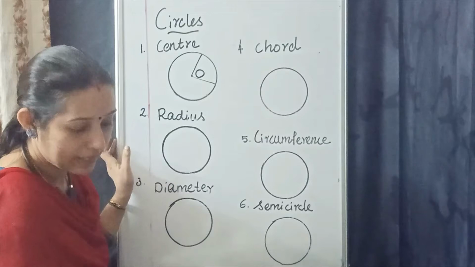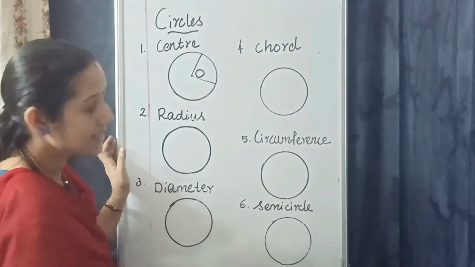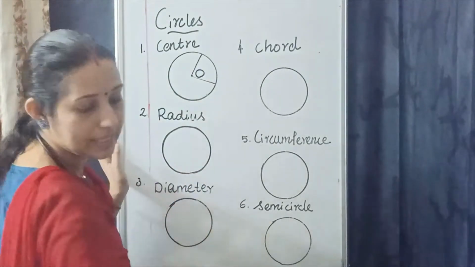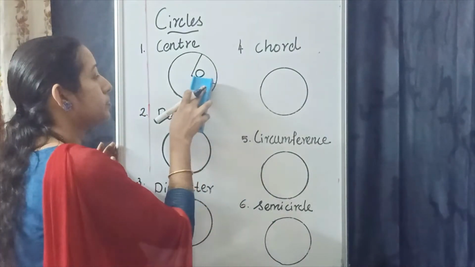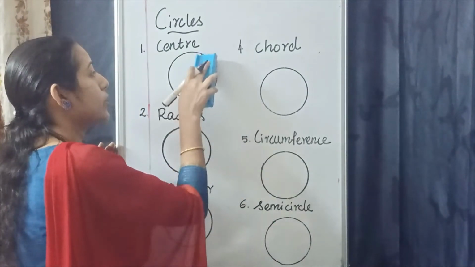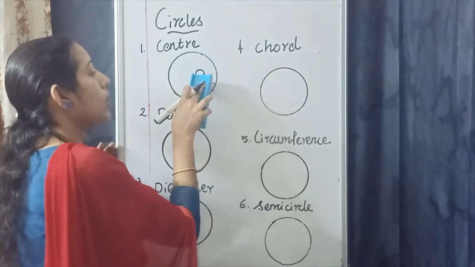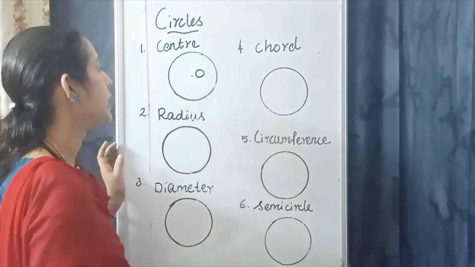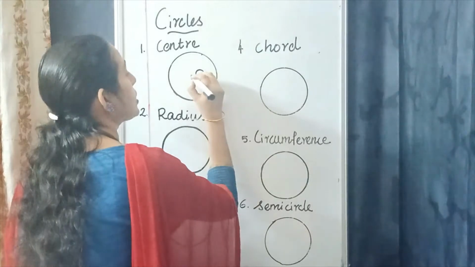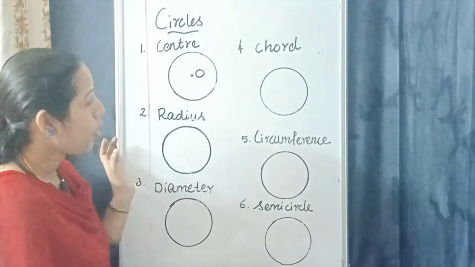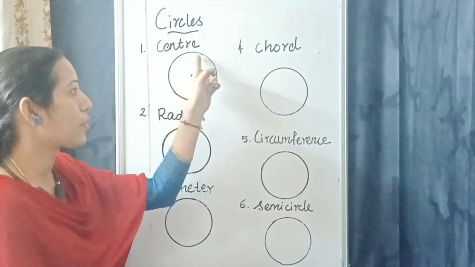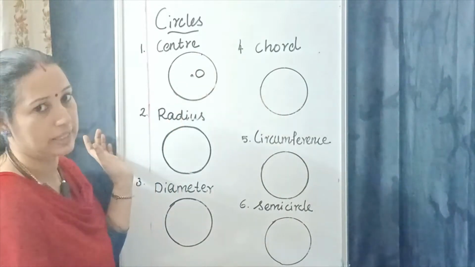The fixed point is called the center of the circle, and the point is at the same distance from any point on the circle.